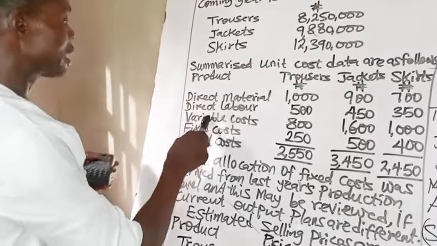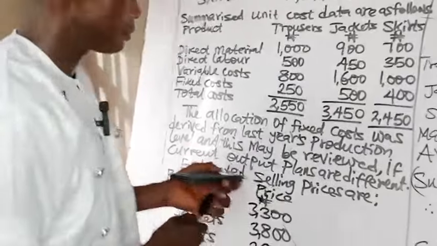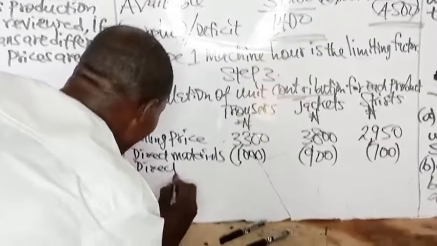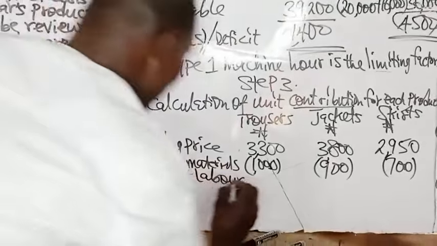Back to the question, we equally have direct labor: 500, 450, 350.